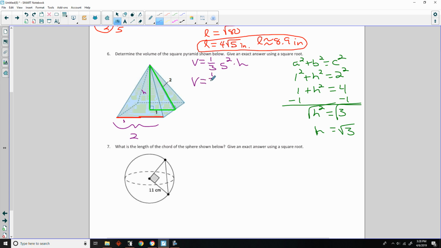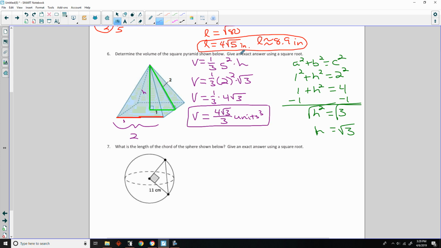So the volume equals 1/3 times 2 squared times the square root of 3. 2 squared is 4, so I can write this as 1/3 of this, which is the same as writing 4 square root 3 divided by 3 units cubed, because it's volume. And it says give an exact answer using square root, so this is my answer.